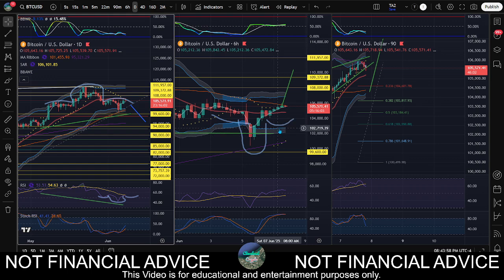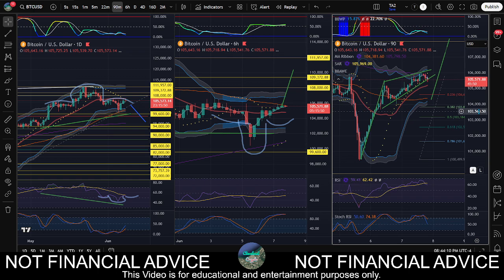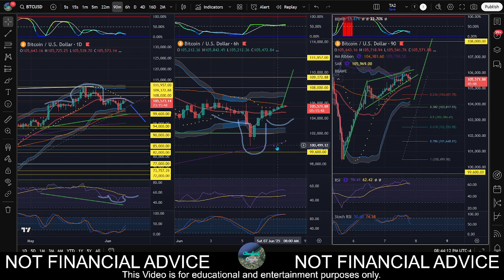It would be invalidated more so down here around the 103 level. Let's watch for it and see if that 103 level can hold. That'd be the 0.5 Fibonacci retracement for this bull flag. We'll see if it can hold. See what happens.